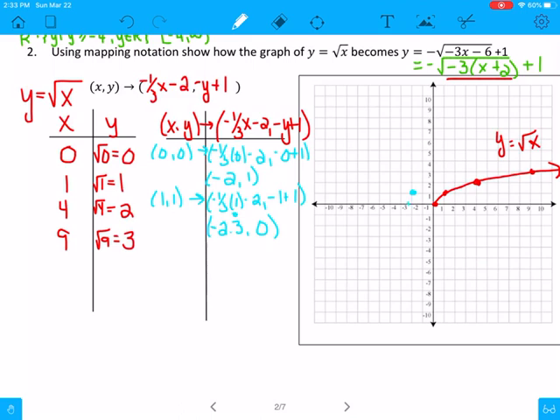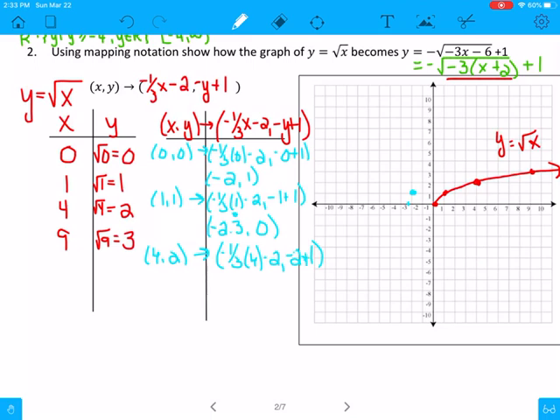Okay? And then I'm going to do 4 and 2. So I get negative 1/3 times 4 minus 2, comma, and then negative 2 plus 1. I'm just filling it into my mapping. That's a plus sign.